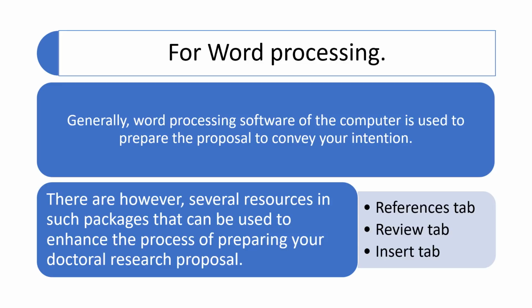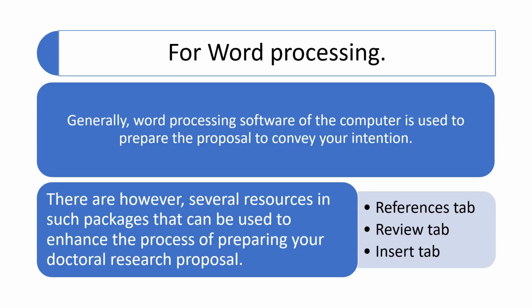Generally, word processing software on the computer is used to prepare the proposal to convey your intention. However, this is not limited to just typing your text and print and forwarding to your supervisor. There are other features or resources that we can find in the word processing packages.